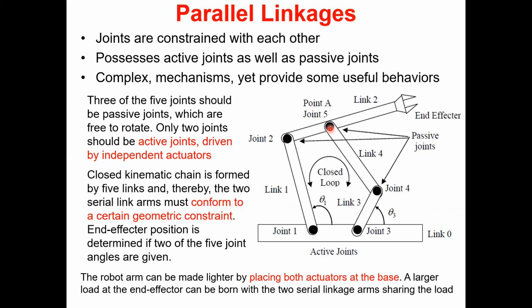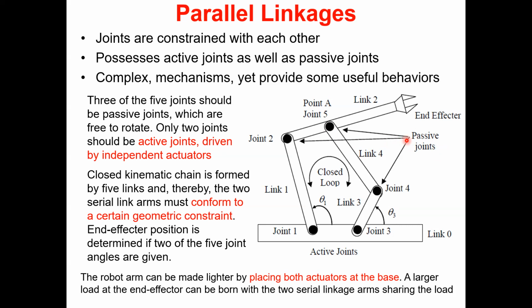And when you close the loop by connecting these links, you are not able to control these joints independently, right? So, for example, you can have these three joints as passive joints. They are free to move, but you don't have any actuators there.